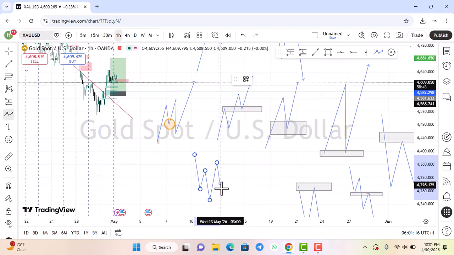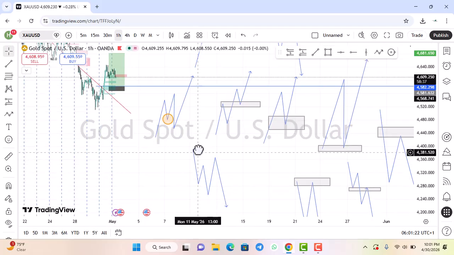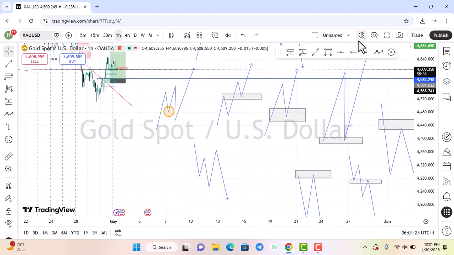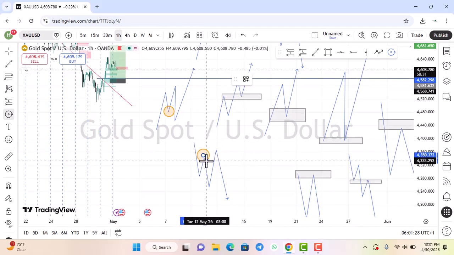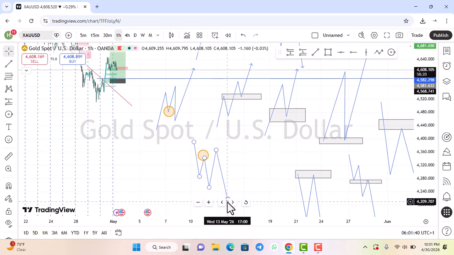Then it continues to sell down. So this is our liquidity zone here. So what is the objective of this price action? The objective is the liquidity sweep. After price sweeps that liquidity, we have our retracement.